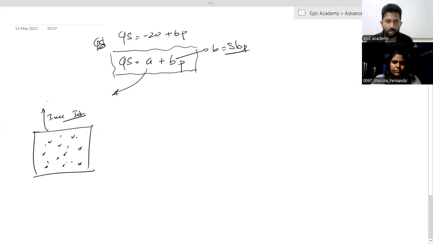Just assume that in April 2025, supply is 50,000 liters. That's the meaning of market supply. This is QS.